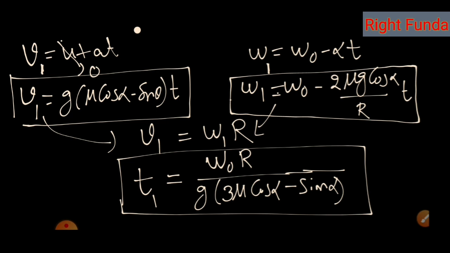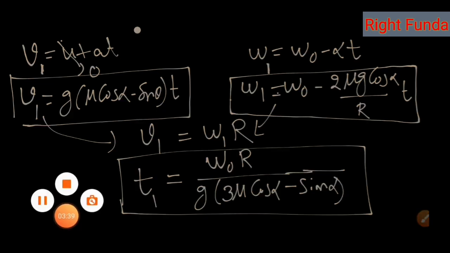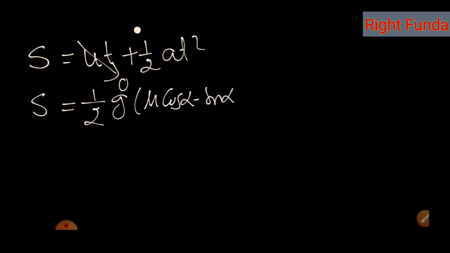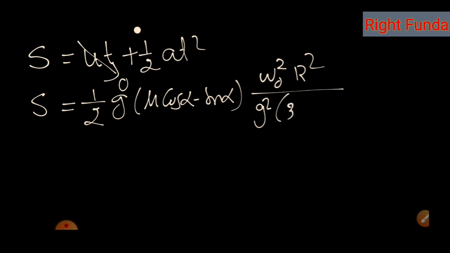At that time, the velocity of the bottommost point of contact must be 0. Once we find the time, and we know the acceleration of the block, for the center of mass we can put the formula S = ut + ½at², where the initial velocity is 0. The acceleration is g(μ cos α − sin α), and for time squared I put ω₀²R² by g² into (3μ cos α − sin α) whole squared.